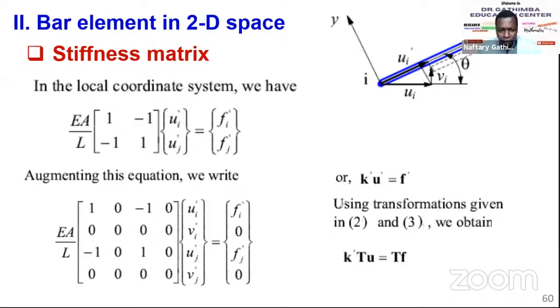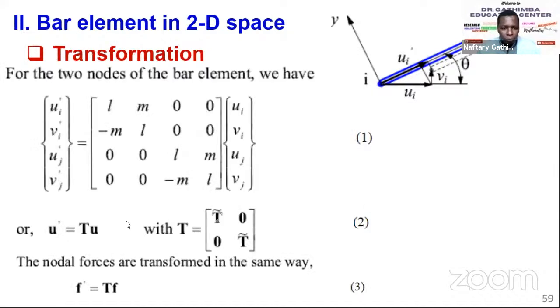Because we are using this expression, which is one that changes F prime. Because we said the nodal displacements, nodal forces, anything from local to global, you can transform by pre-multiplying the values with a transformation matrix. So if you pre-multiply, we are doing away with the local coordinate system. We want to use the global coordinate system.